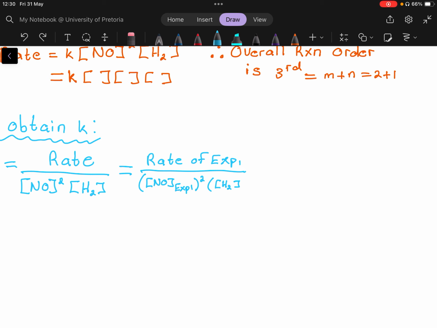The whole idea was to write the subscript, experiment 1, which should be roughly equal to the rate of experiment 2 divided by concentration.